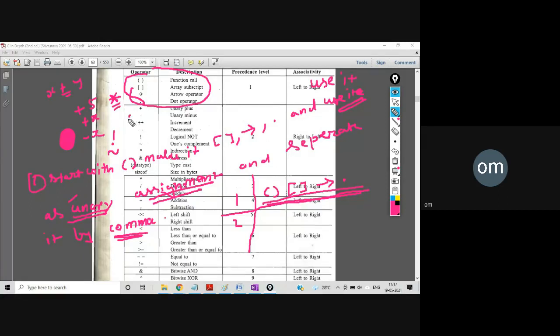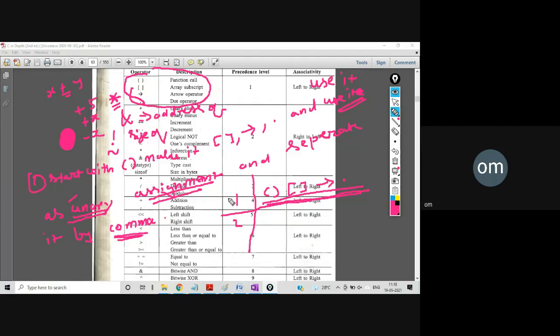Then there is ampersand, which is called the address of operator. And then we have sizeof, which we just saw. So sizeof also comes in the unary operators.